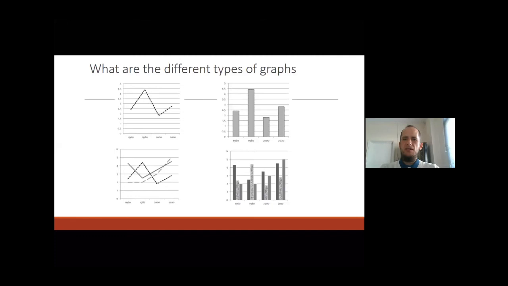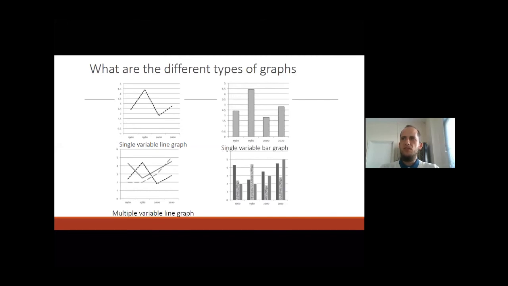We've got bar charts on the right, and we've got line graphs on the left. Here we've got a single variable line graph, and we've got a multi-variable line graph.